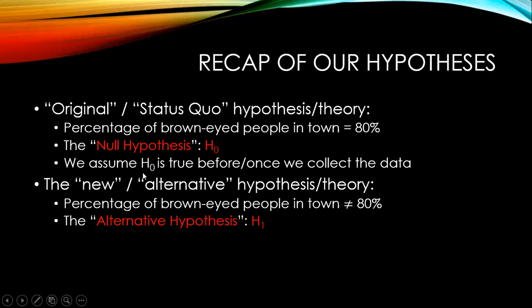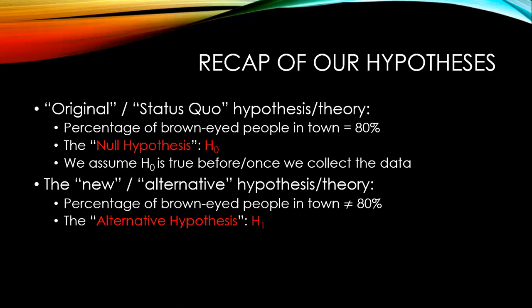When we go into the investigation, when we go to collect our data, we assume that this H0, this proportion here, is true. So when we collect our data, it will either support this original theory of 80% of people in the town having brown eyes, or it will not support that theory.